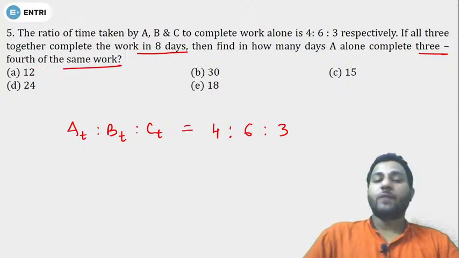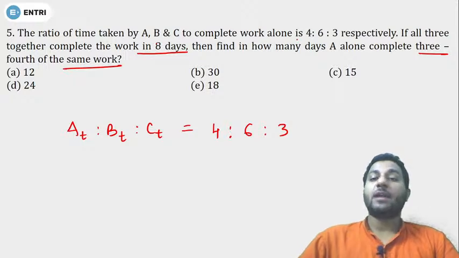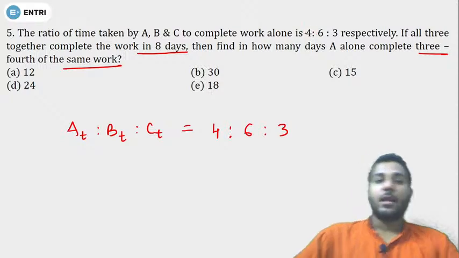So first of all we need to figure out the efficiency. यानी आपको दिया हुआ है कि A, B, C किसी काम को करने में जो समय लेते हैं वो 4, 6, 3 का रेशियो में. अगर वो तीनों मिलकर 8 दिन में किसी काम को करते हैं तो A अकेले उस काम के 3/4 काम को कितने दिन में कंप्लीट करेगा.